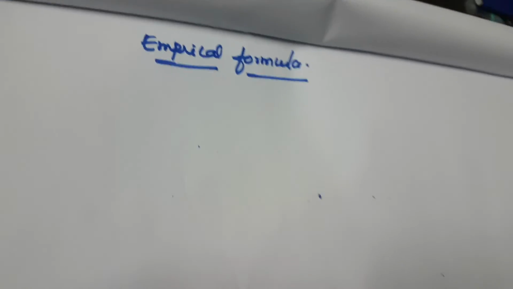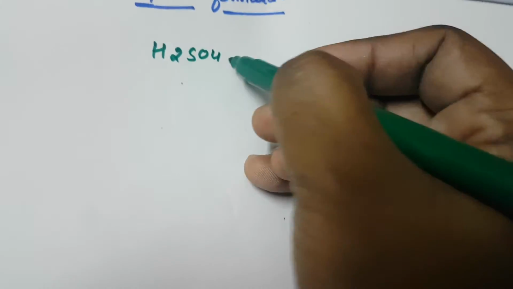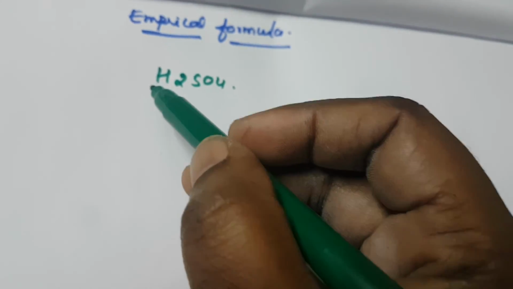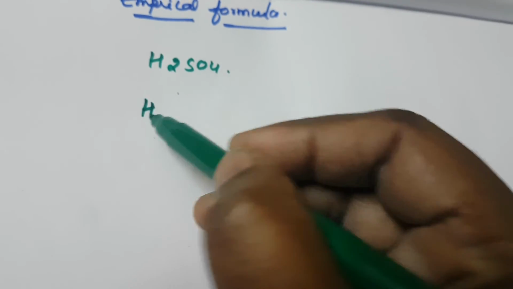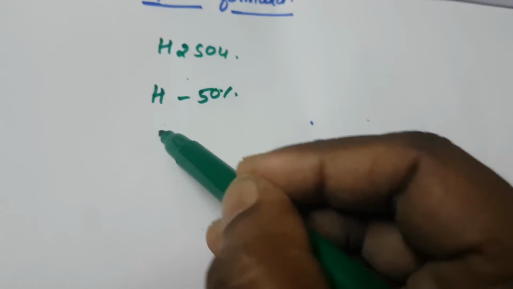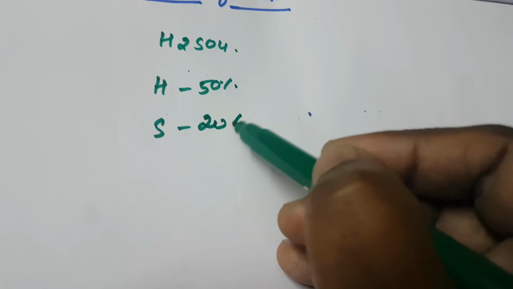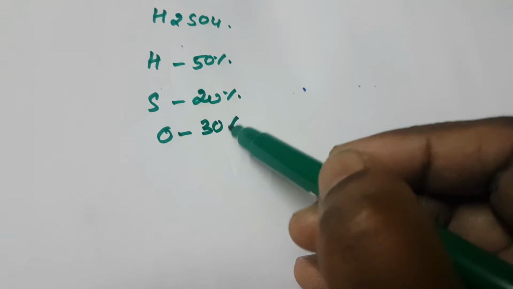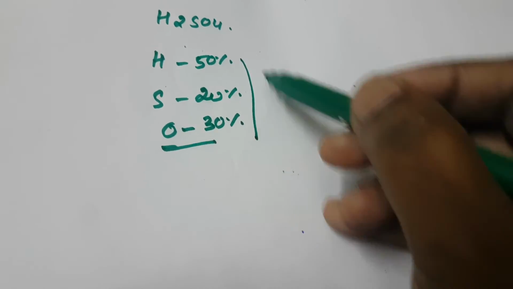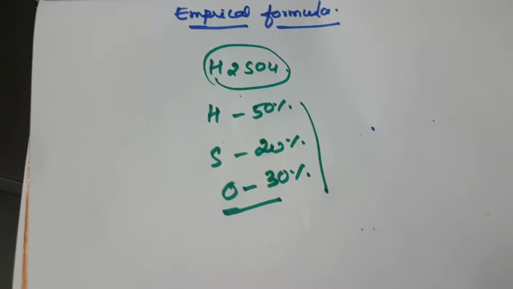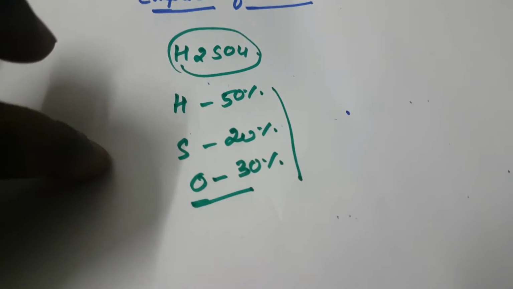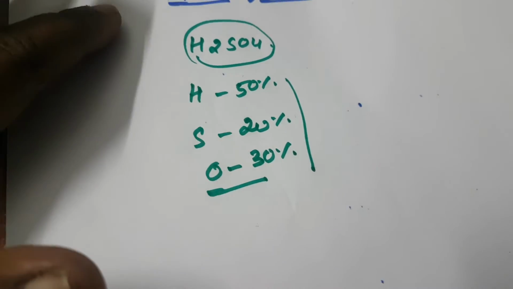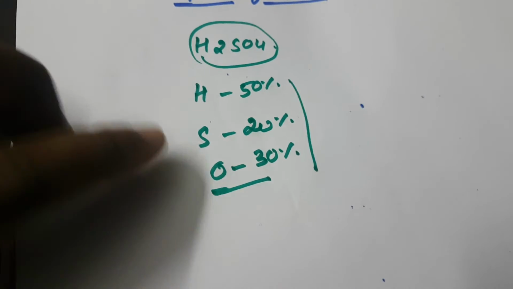So here, suppose the given compound, hydrogen is given 50%, sulfur 20%, oxygen remaining 30%. These are the given percentages. We can write the empirical formula of this compound. How to calculate? This is one simple calculation.